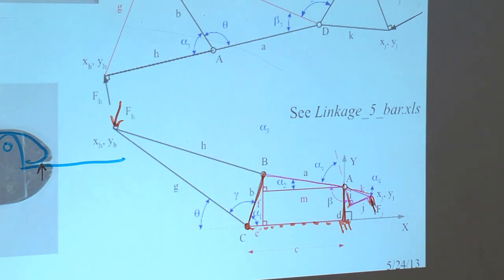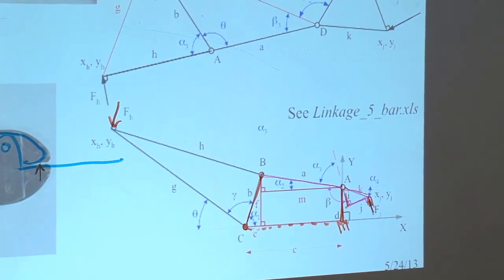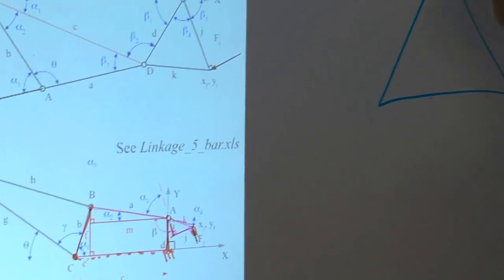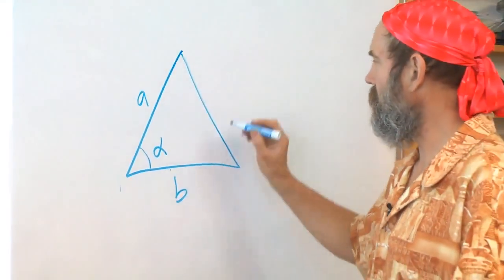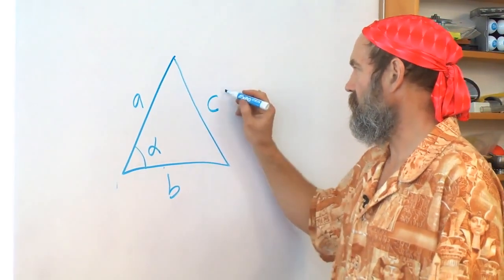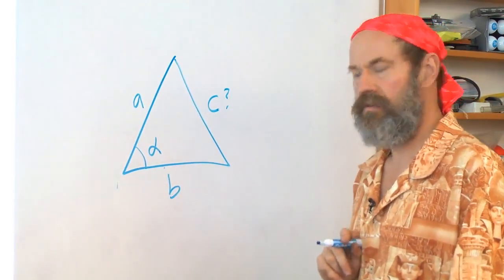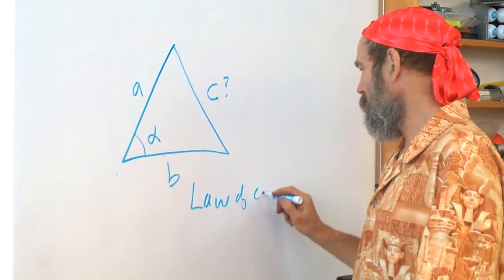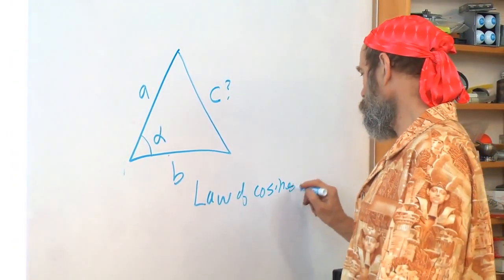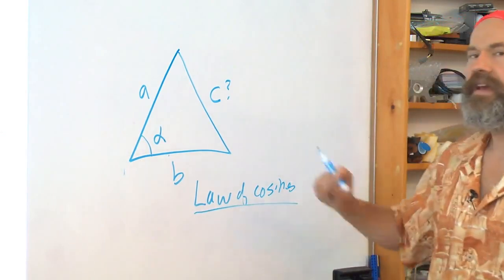For example, if I know this angle, this side, and this side I want to find, how do I find that? What's the law of cosines? How do I find that?